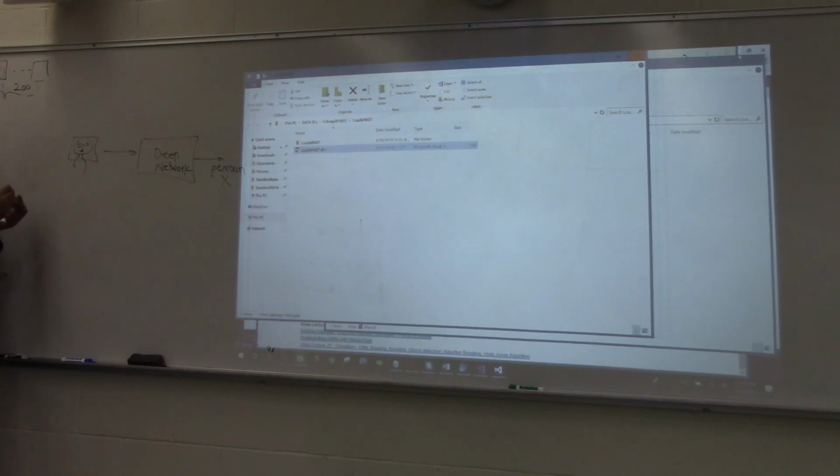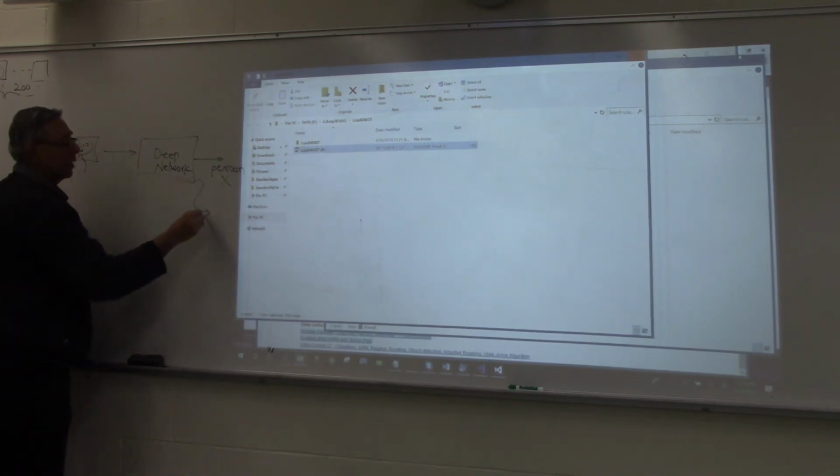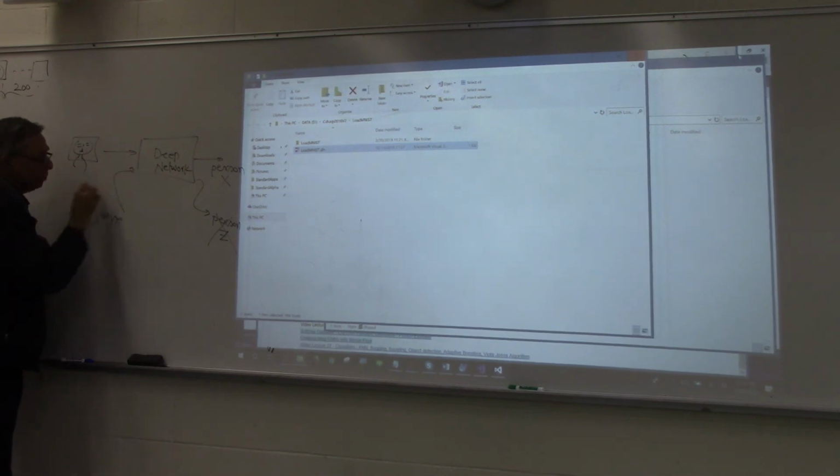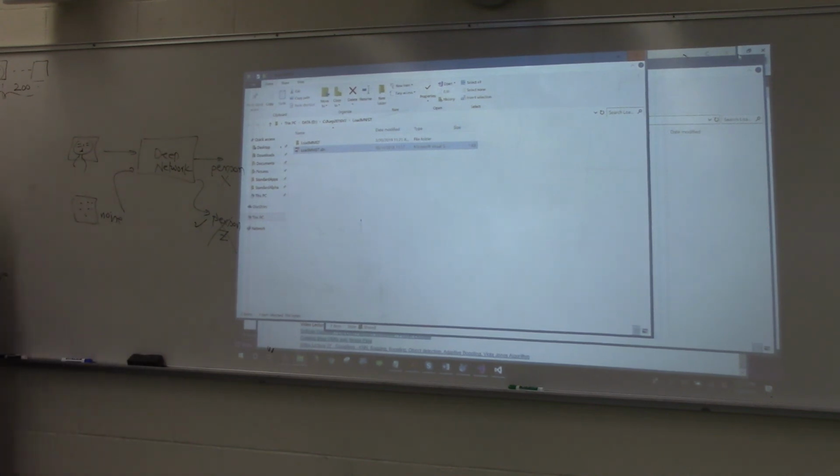Now like I said, this person comes, covers part of the face. So then this deep network says, oh, it's person Z, which is totally wrong. Or even if it's a noisy data, it doesn't even look like a face. We feed it, and somehow if this noise was created in a smart way, it will say this is person Z, which is really totally wrong, right?